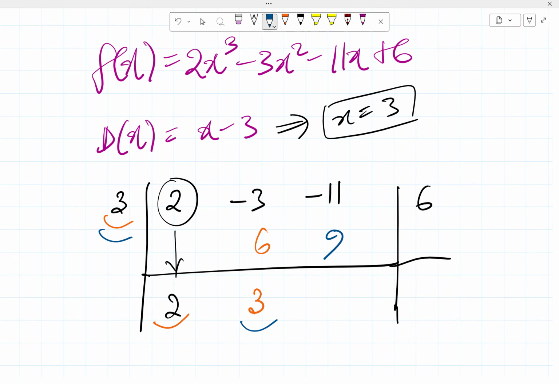Minus 11 plus 9 is minus 2. Then lastly, 3 times minus 2 is minus 6. 6 minus 6 is 0. Because we have 0 here, it tells us that x minus 3 is a root of that polynomial.